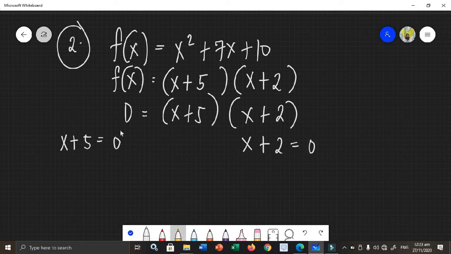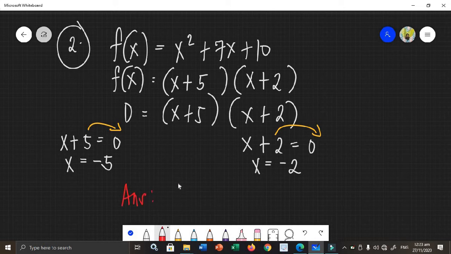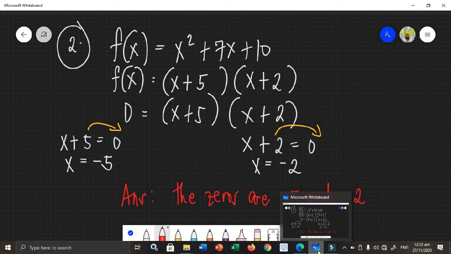And then, we need to transpose for us to get the values of x. So, positive 5 is transposed, so magiging negative 5 siya, as well as positive 2, so it will become negative 2. Now, the answer is the zeros are -5 and -2. The zeros of the polynomial function are -5 and -2.